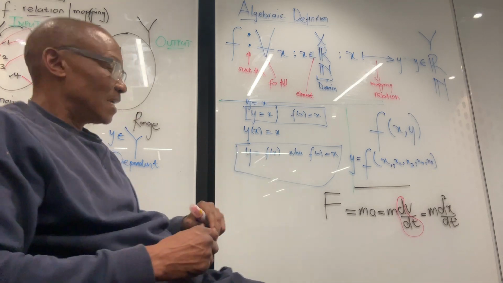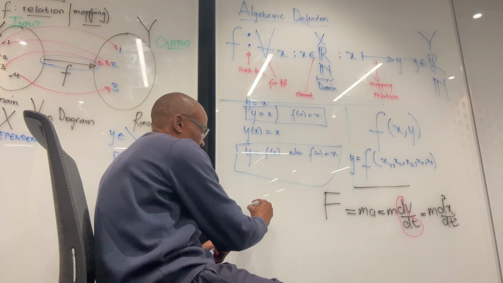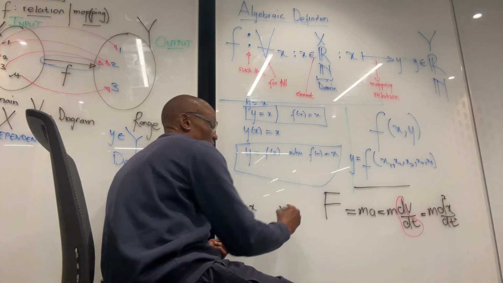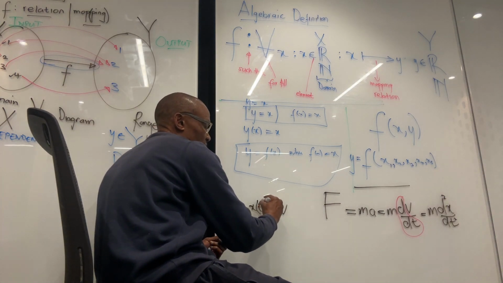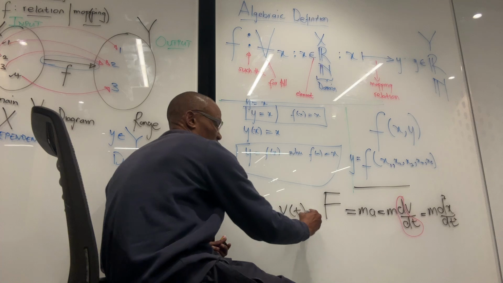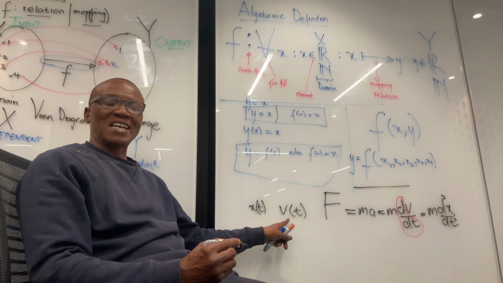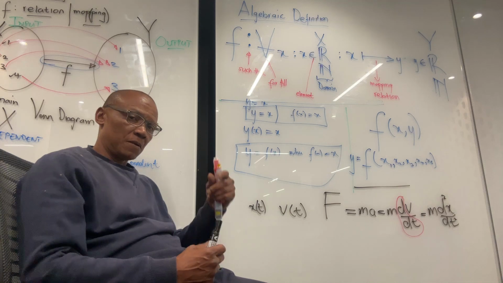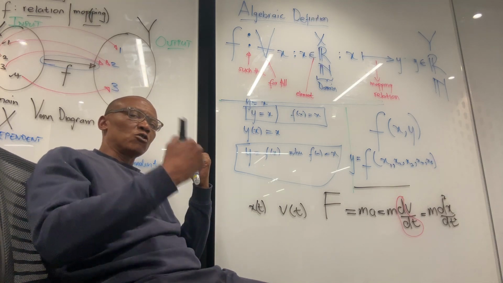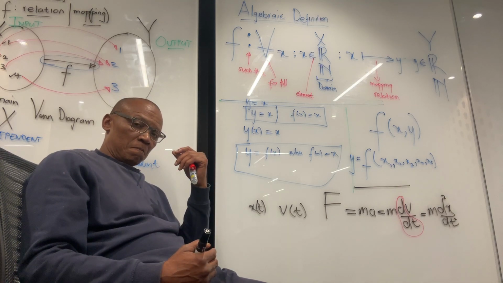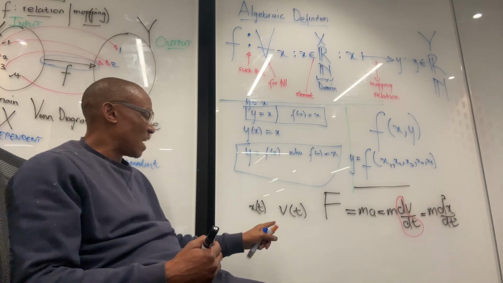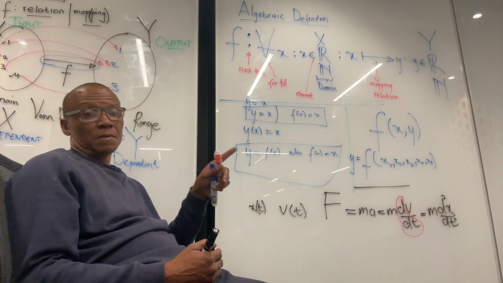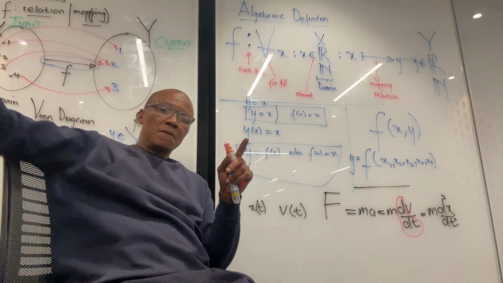So x itself, x and v are functions of time. You see, now I'm using a different f, means exactly the same thing. I'm telling you it's a relation that depends on time. Meaning time is independent.